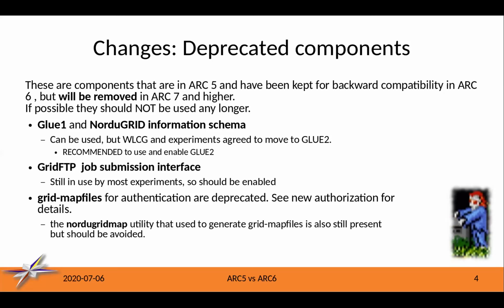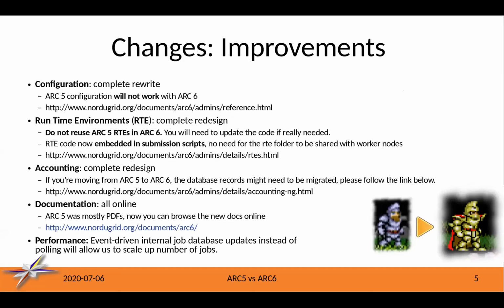There was a small utility called NordoGridMap that was used to generate these grid map files. This utility is still present in ARC6, but if you don't use grid map files any more, then you should also not use this NordoGridMap utility. And it also cleans up your ARCconf, the ARC configuration file a little bit.